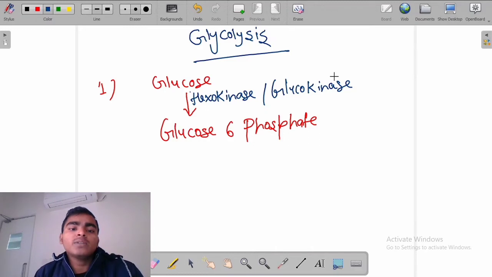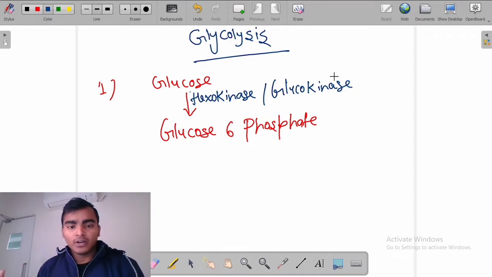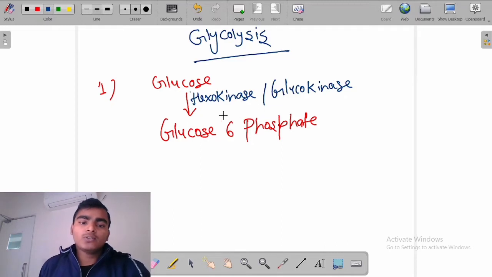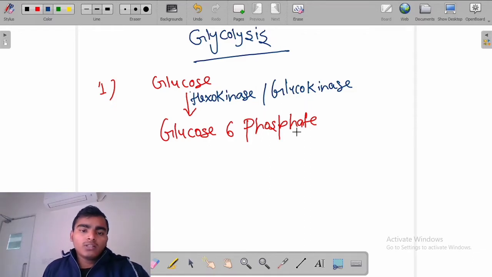Hexokinase means a kinase enzyme which acts on a hexose sugar. Glucokinase is found only in the liver, especially in hepatocytes, while hexokinase is found in all other cells.